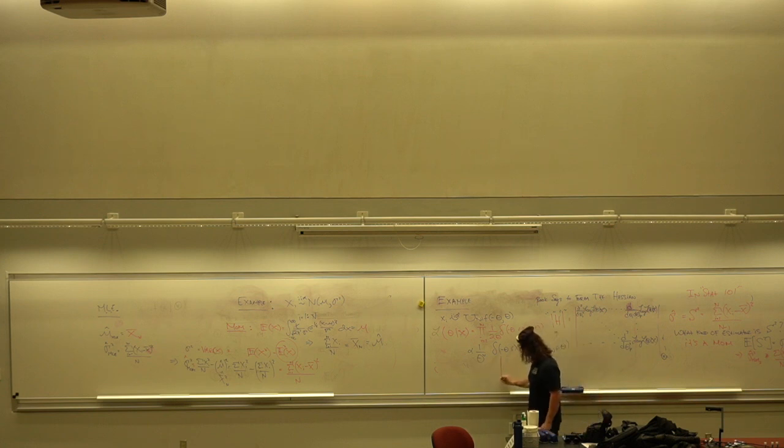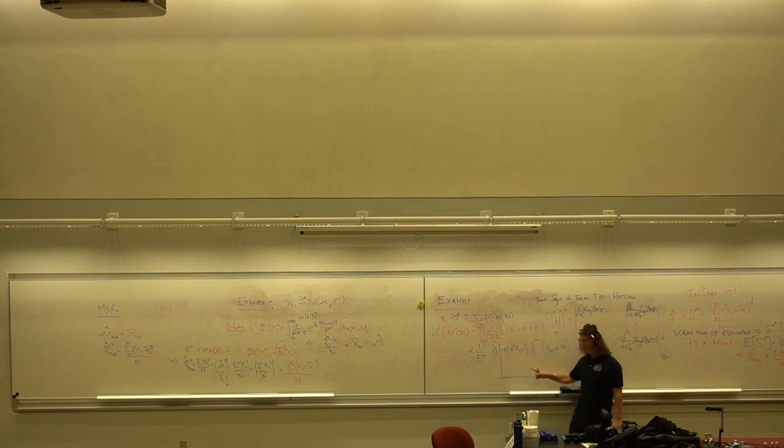So what does this thing look like right here? We can see that as theta gets bigger and bigger, this function is getting smaller and smaller. It looks like that. And this is going to be bounded by some function of either xn or x1.